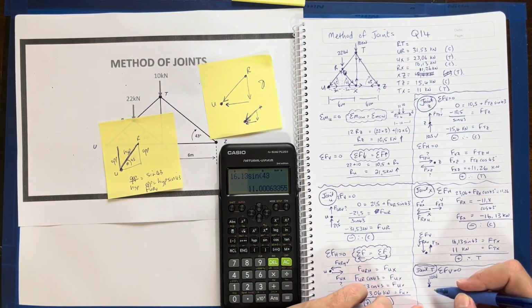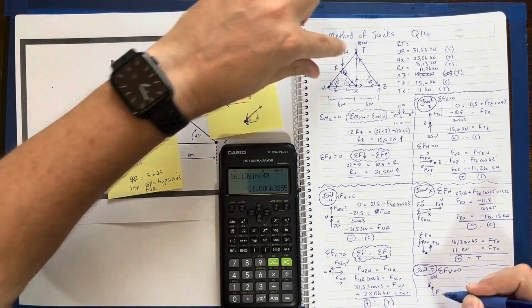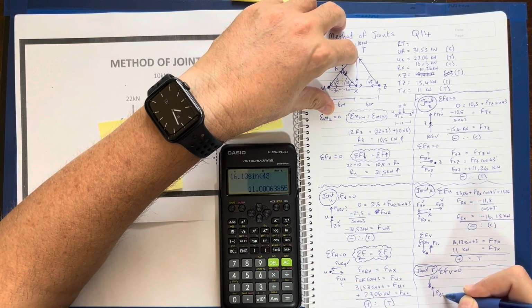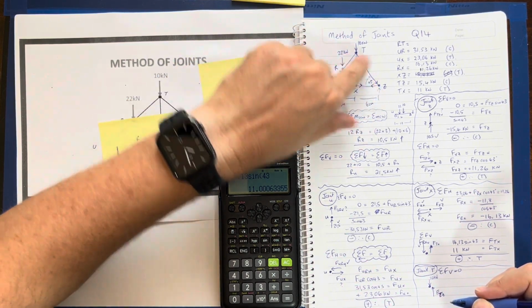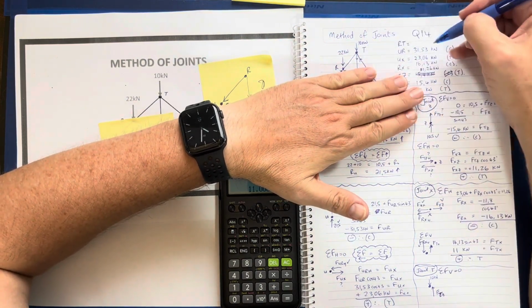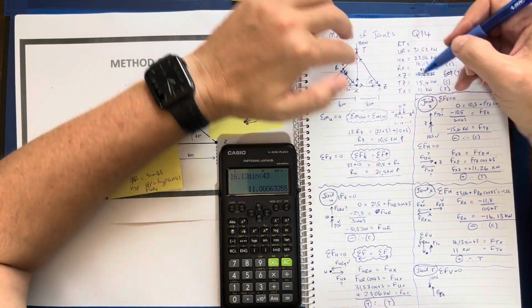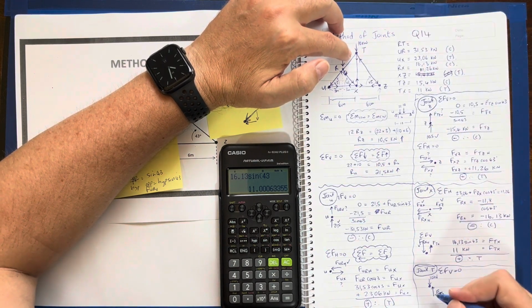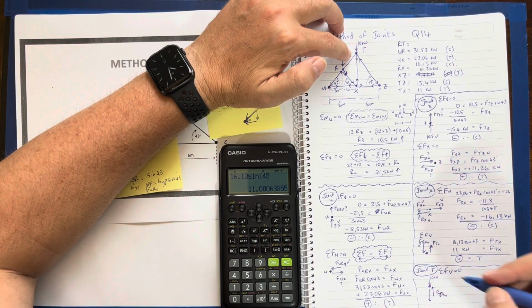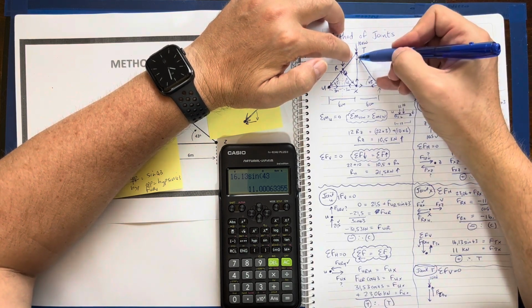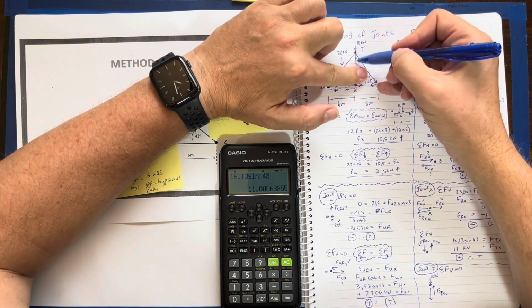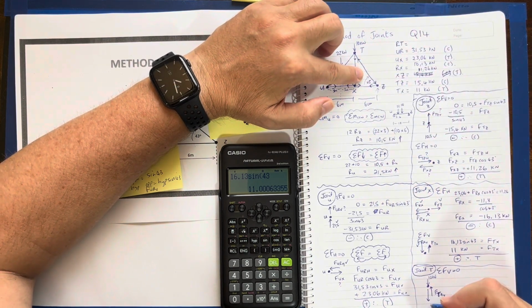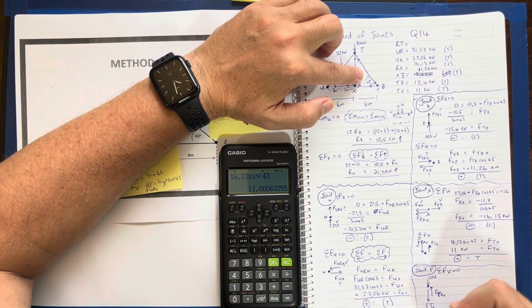What else is happening? I now have also going up into the joint the force TZ, going up because TZ is in compression, and that's its vertical equivalent. Going away from the joint, also going down, is force TX.